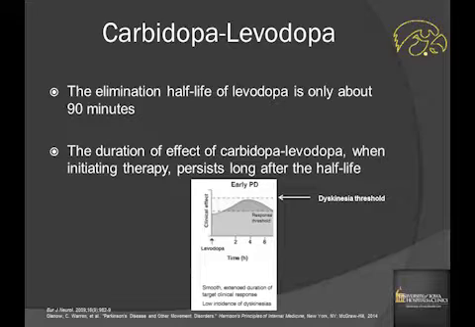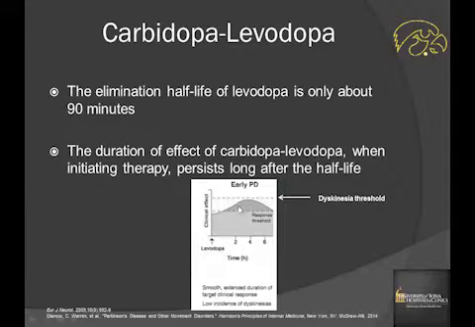But it's important to realize that especially early on in the disease, the duration of effect of the drug lasts well longer than the half-life of the drug. So as this picture shows down in the bottom, one single dose of carbidopa-levodopa can last well into 6 to 8 hours for patients early on in the disease process. And as I mentioned, this is the narrow therapeutic window that we have because we need to have enough levodopa on board that we can cross this therapeutic threshold, but we don't want so much on board that we exceed this dyskinesia threshold.